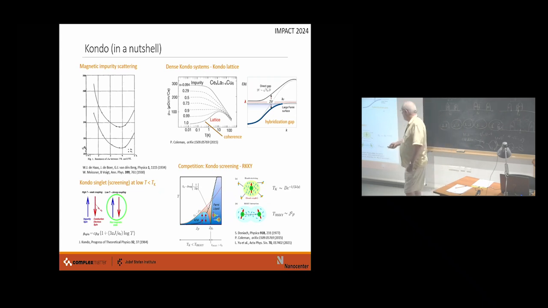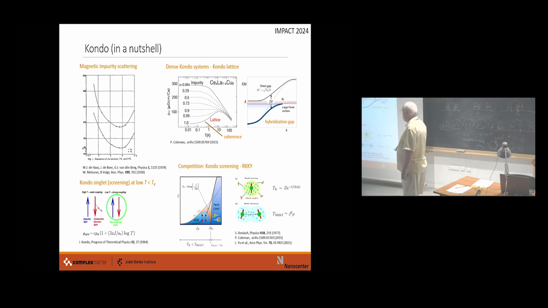This gives a logarithmic temperature term in the resistivity, which leads to an upturn in the case of antiferromagnetic coupling of the impurity spin to the carrier spin.